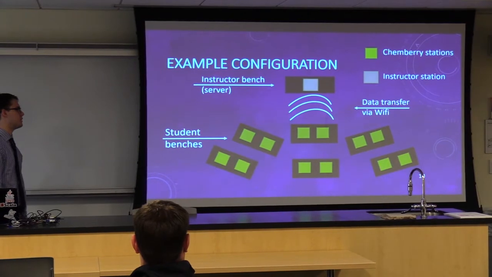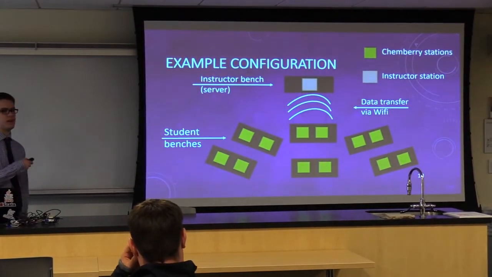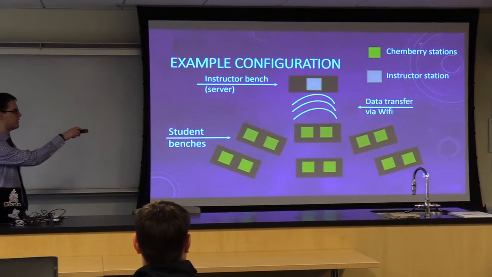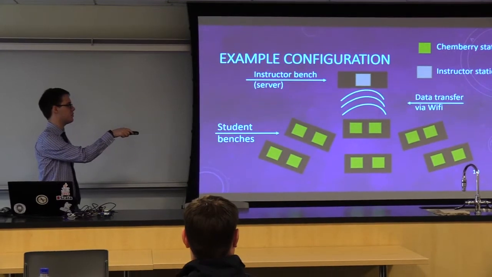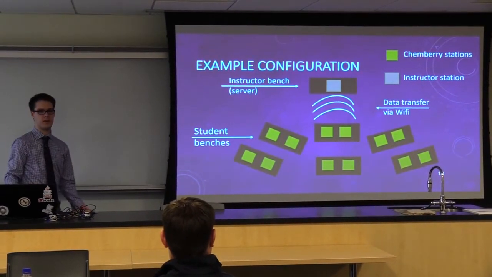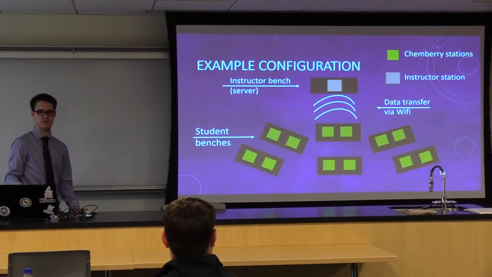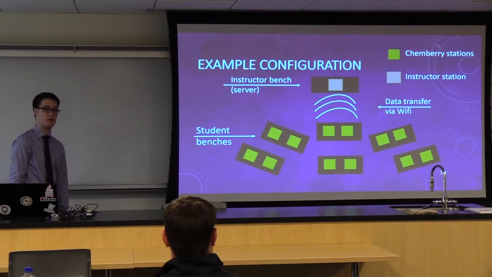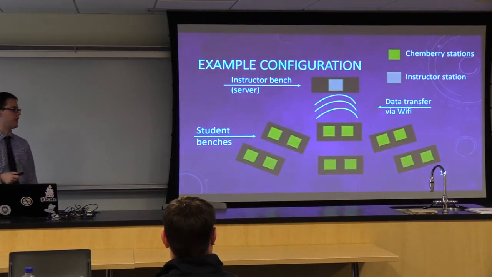And once the instructor has set up the experiment, the CHEMBERRYs are all constantly sending data to the instructor. So the instructor doesn't have to weave around these really tight tables. They can simply survey the room from the front, look at their program, see what's going on, and if all's well, they can continue sitting there. But if they see that there's a problem, they can go specifically to that student and help them out.